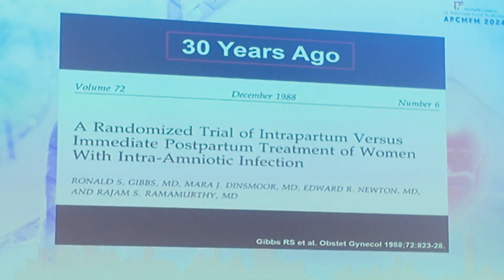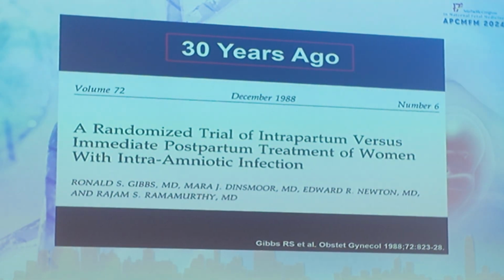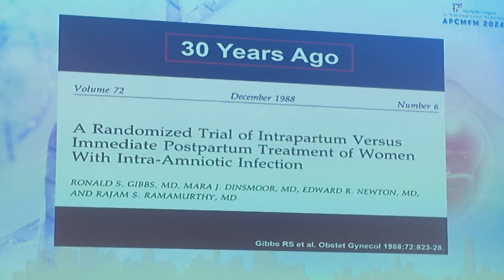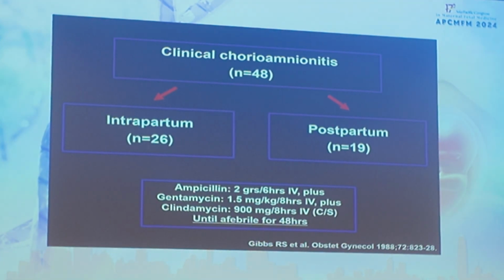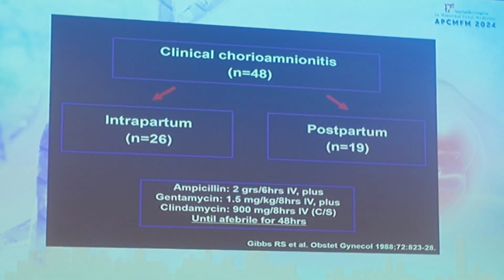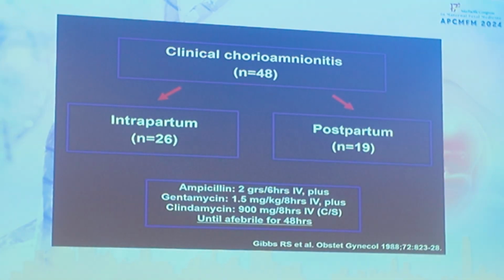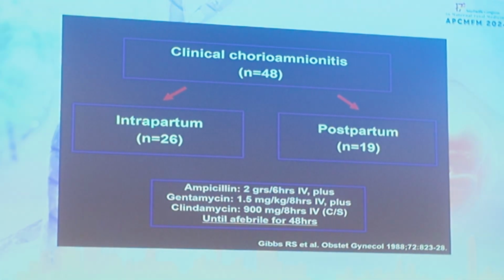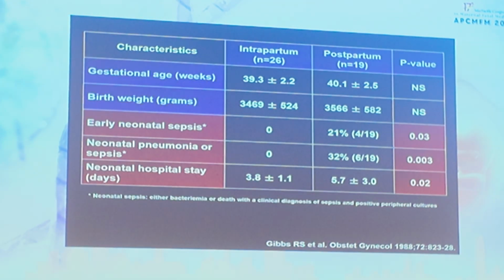In terms of antibiotic administration, the rationale for antibiotic administration prior to delivery is a randomized clinical trial published more than 30 years ago, in which 48 patients with clinical chorioamnionitis near term were randomized to intrapartum administration or postpartum administration. Patients were given ampicillin, gentamicin, and clindamycin if there was a cesarean section, and antibiotics were continued until the patient was afebrile.